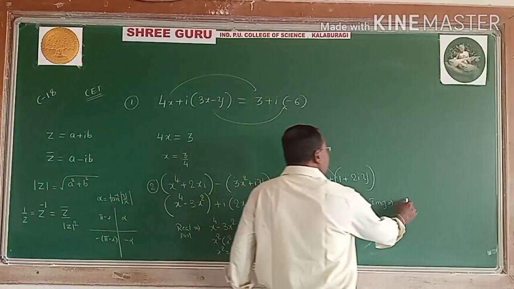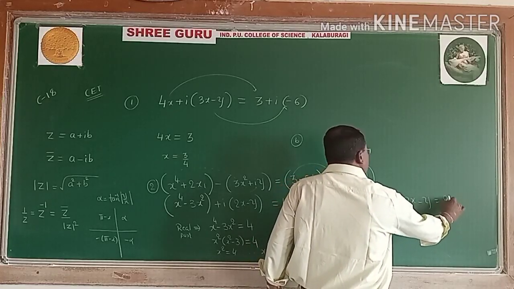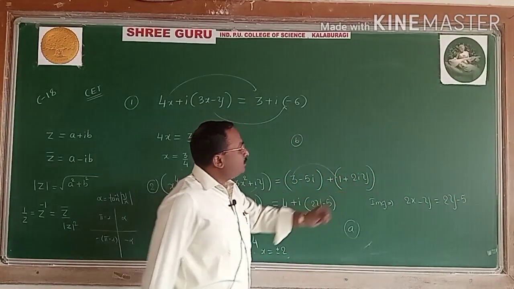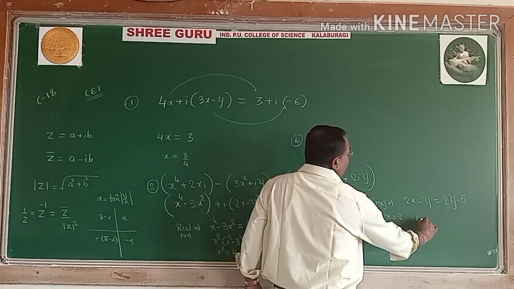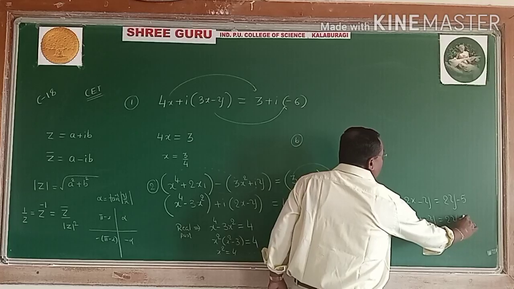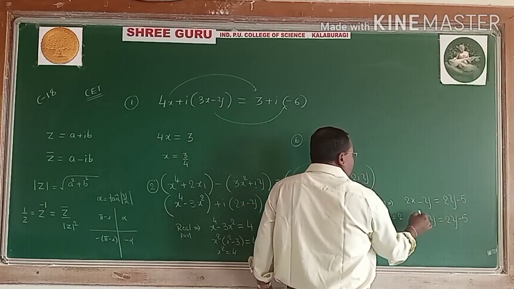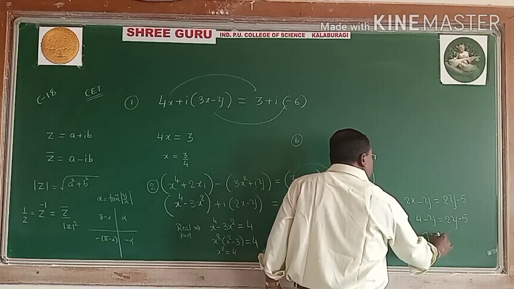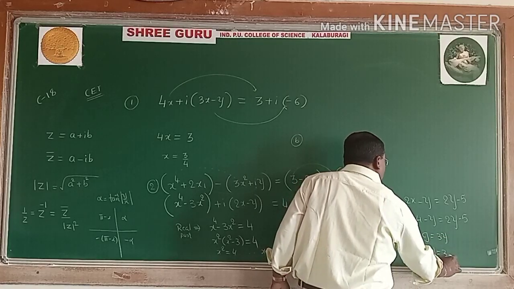2x minus y is equal to 2y minus 5. Equate. Substitute the x values, plus 2 and minus 2. If x is equal to 2, the value is what? 4 minus y is equal to 2y minus 5. Taking minus 5 to this side, 4 plus 5, 9 is equal to 3y on the right side. So the y value is 3.